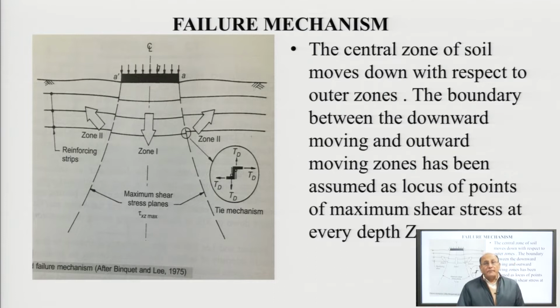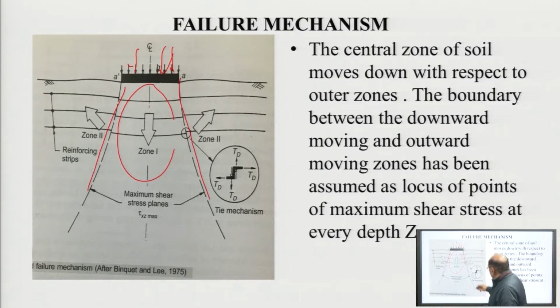Now, come to the failure mechanism. What happens? Say, this is the foundation over which loads are coming. See here, this is zone 1 and this is the locus of A dash and A. Between A dash and A, the shear stress is maximum, that is, tau x z, where x is the distance and z is the depth of the layer.